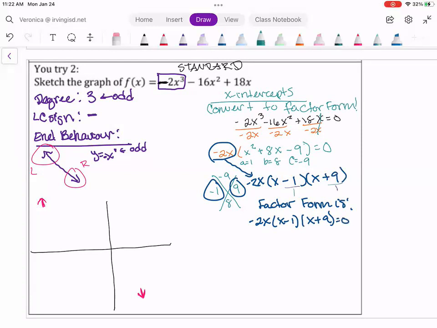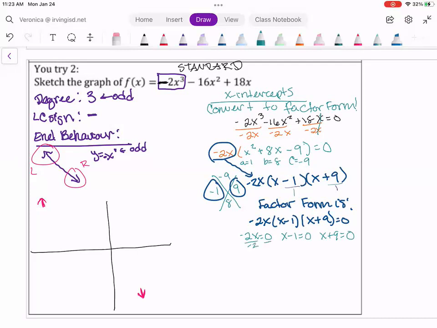We're going to apply the zero product property. So negative 2x equals 0, x minus 1 equals 0, and then x plus 9 equals 0. Hopefully right now you're noticing something, and that's that no factors are duplicated, right? You see each one once. So that should already be telling you what's going to happen at each x-intercept.